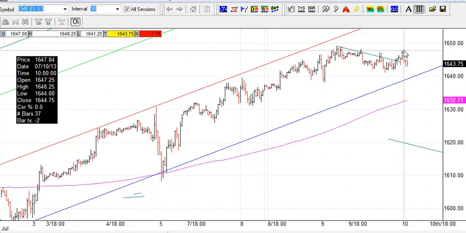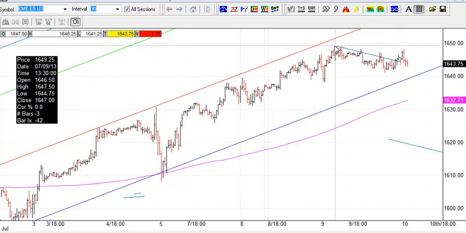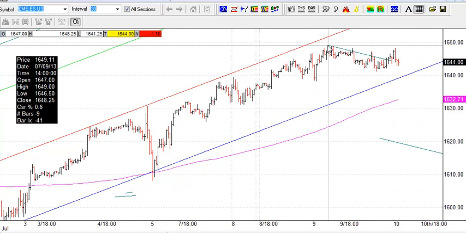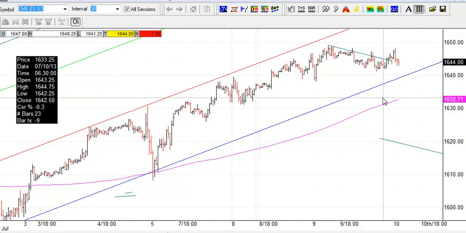Okay, and as you can see, this is all textbook stuff here. Here you have your signal as second chapter of the manual, and here you have a double easy at the top, right? So this gives you a high probability of the market turning down for a while from here.